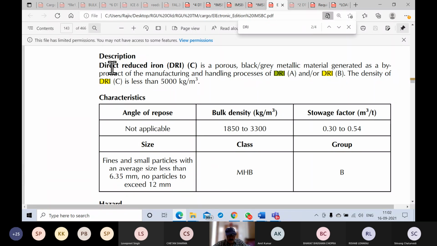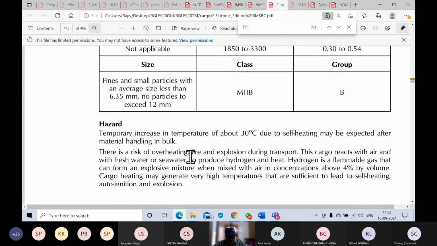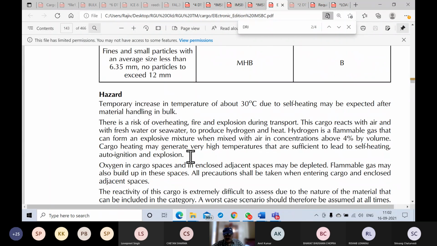So this is giving a description of the cargo. Then it is giving characteristics of the cargo. Just as an example, because we have done this cargo, that is why I selected this one to show to you. Fine and small particles 6.35 mm. Do you remember this? We had talked about it. No particle should exceed 12 mm because it is a fine and small particle. Hazard: self-heating, a temporary increase in temperature.